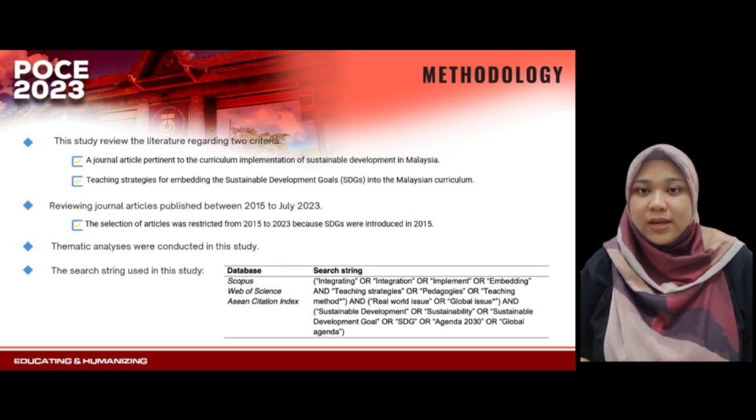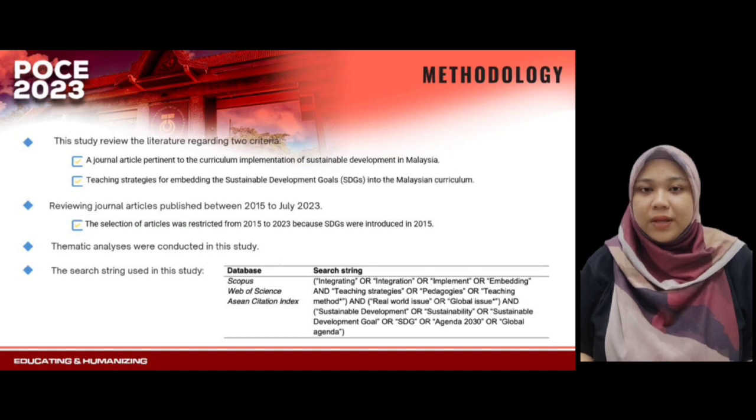The second is teaching strategies for embedding the SDG into the curriculum. Based on the slideshow, this research used a systematic review based on thematic analysis of journal articles published between 2015 and 2023.